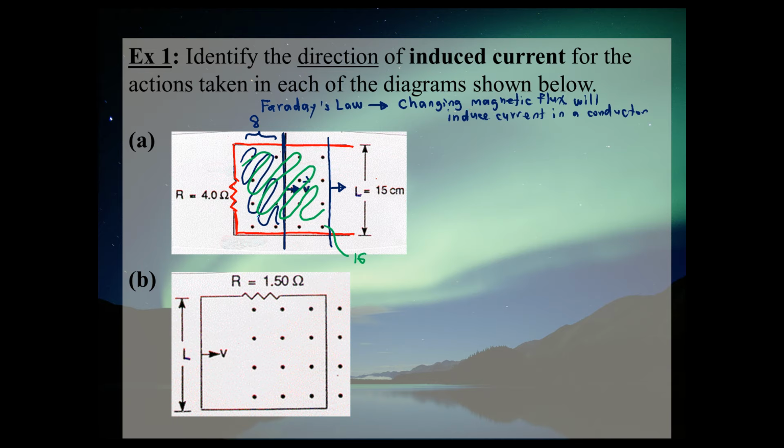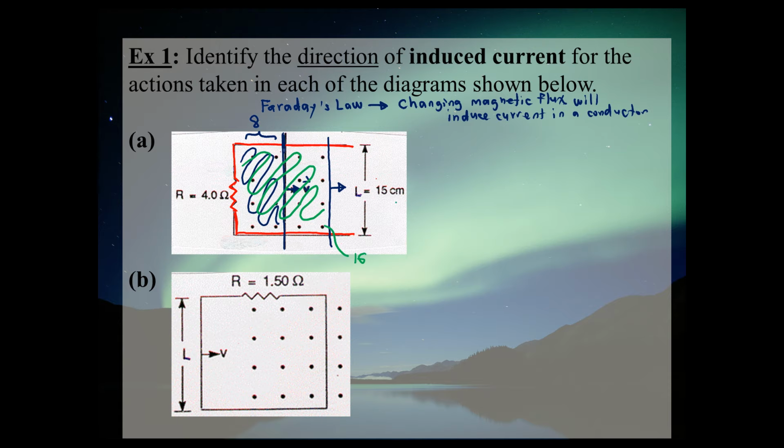I realize that the enclosed area is changing, but I don't want to say there is a direct relationship between the number of field lines being enclosed and the enclosed area itself. We'll just safely assume that as you're increasing the area, the ratio of area to field lines is also changing as well. So you are inducing a current.